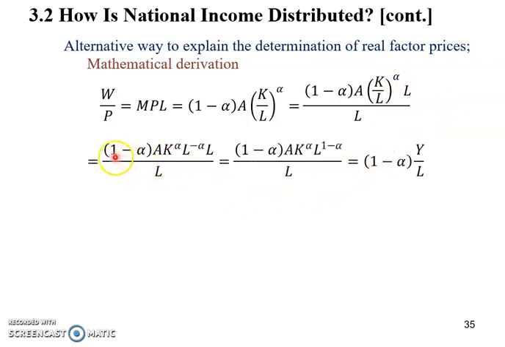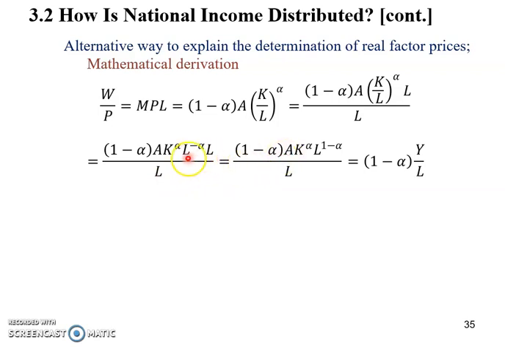Again, 1 minus alpha stays the same, A the same, K to the alpha, L to the minus alpha, times L, and divided by L. Why do we want to do this math trick? Just bear with me for a minute, and we're going to see why this is a very smart move.